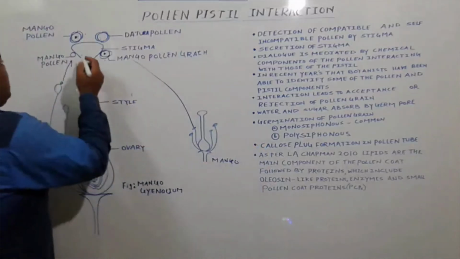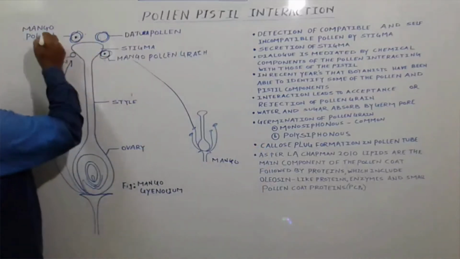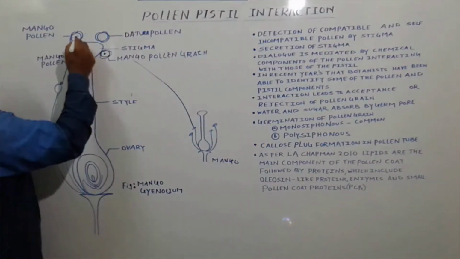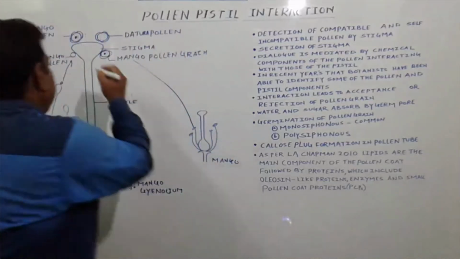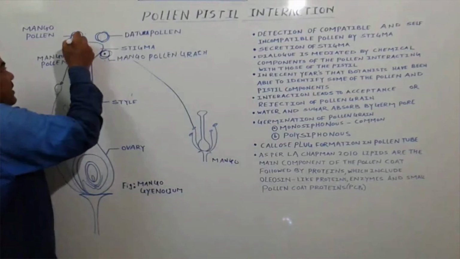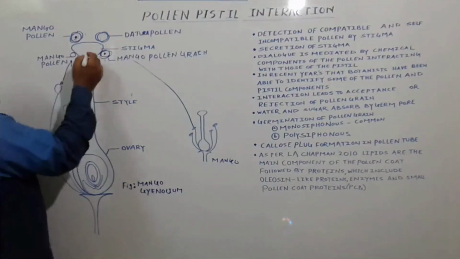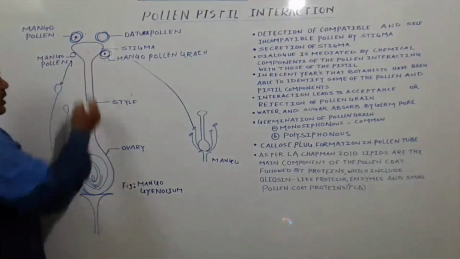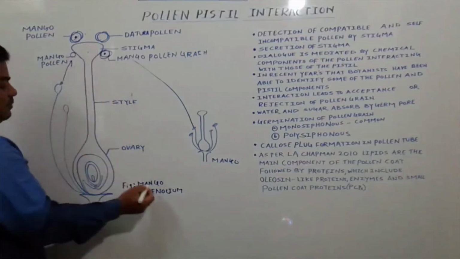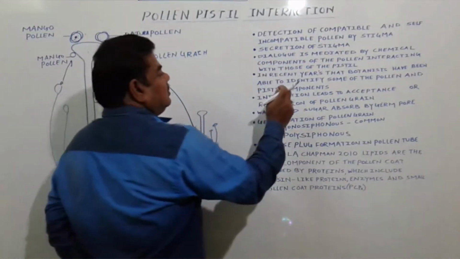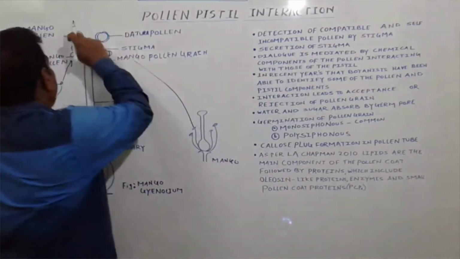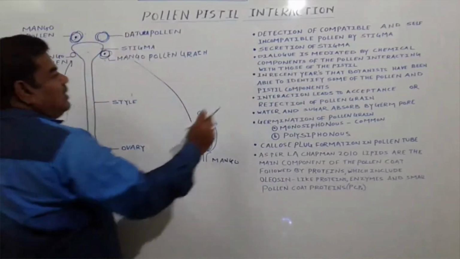For example, if the stigma selects this one, this mango pollen grain, as the more compatible pollen grain, then there is an interaction between this mango pollen grain and the stigma of this pistil of this mango. There is a dialogue between this pollen grain and this stigma.